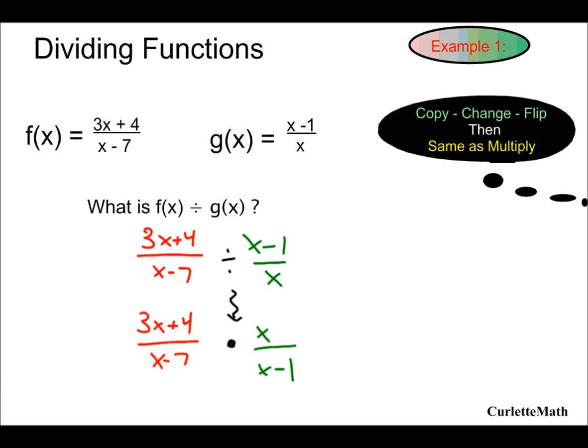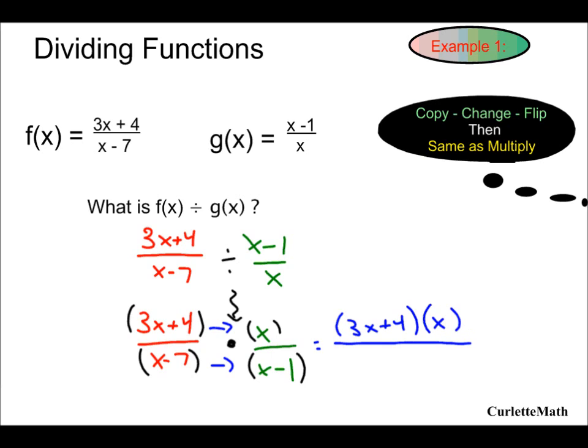One thing I like to do is go through and add in parentheses for each term in the numerator and denominator. Now remember, we multiply straight across. So we're going to have 3x plus 4 times x divided by x minus 7 times x minus 1.